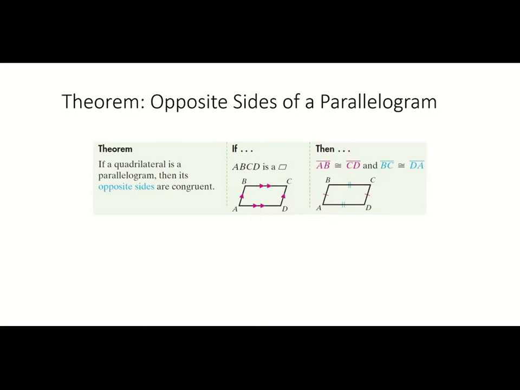In a parallelogram, opposite sides are congruent. So if your quadrilateral is a parallelogram, then we know that opposite sides will be congruent. So here I do know that BC is congruent to AD, and BA is congruent to CD.